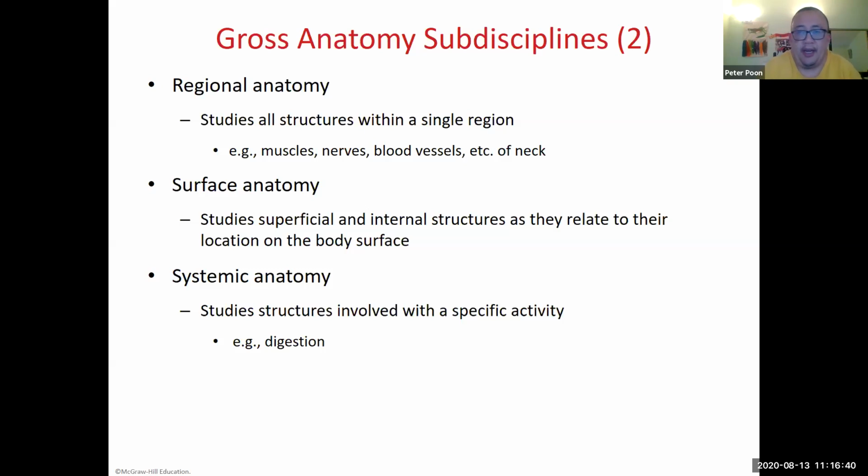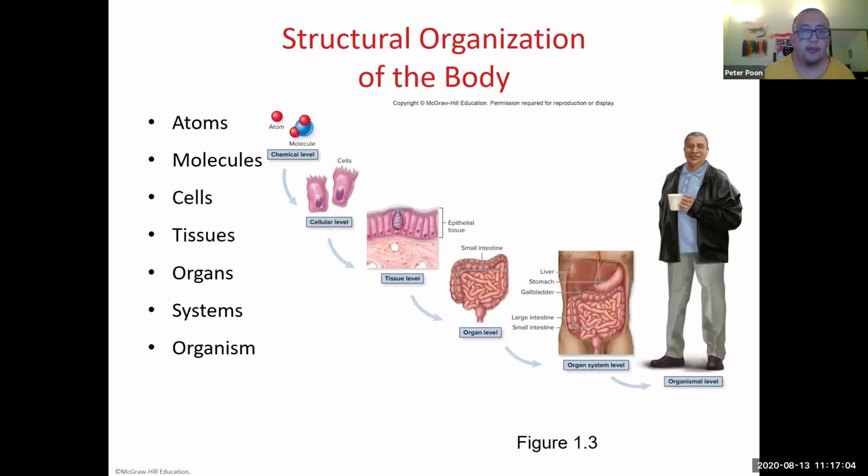Regional anatomy is like taking someone's arm and looking at all the muscles, nerves, and bones in that arm and how they work together. But that requires knowing what a bone is, what muscles, nerves, and blood vessels do. So this class is built on systemic anatomy.